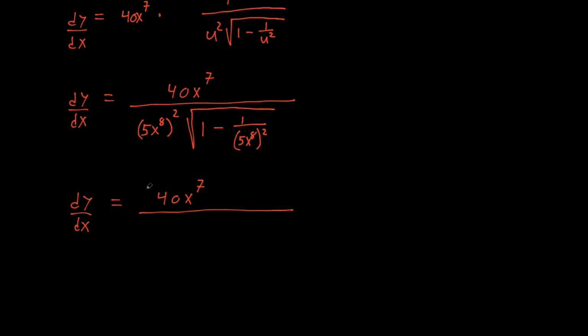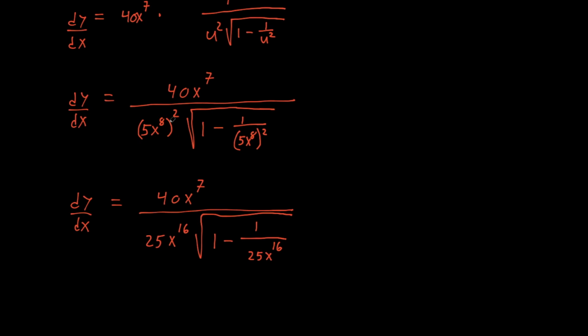So 5 squared is going to be 25. x to the 8th squared is x to the 16th, because 8 times 2 is 16, times the square root of 1 minus 1 over, and 5x to the 8th squared is the same in both cases, so we have 25x to the 16th again.